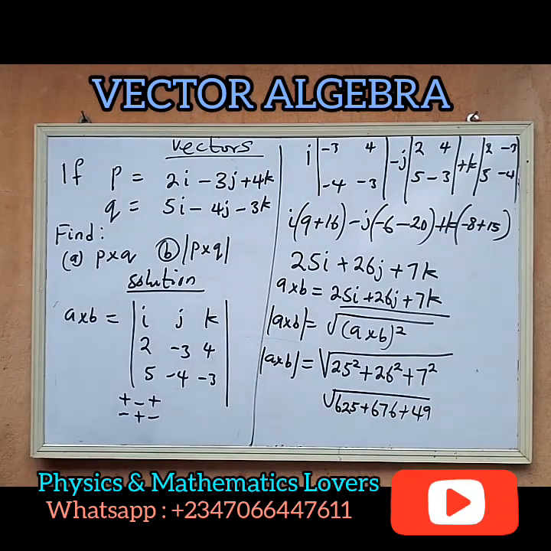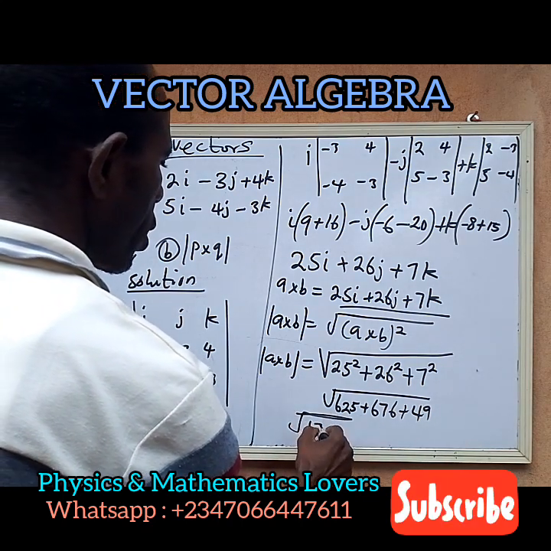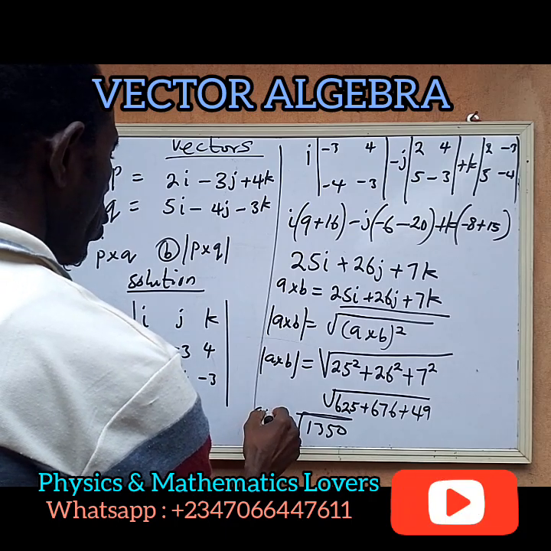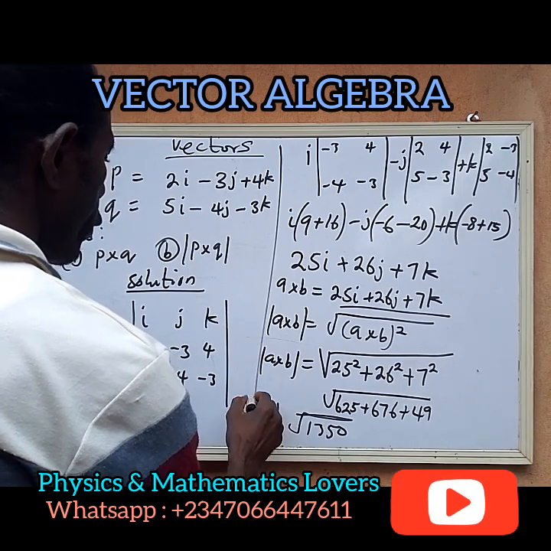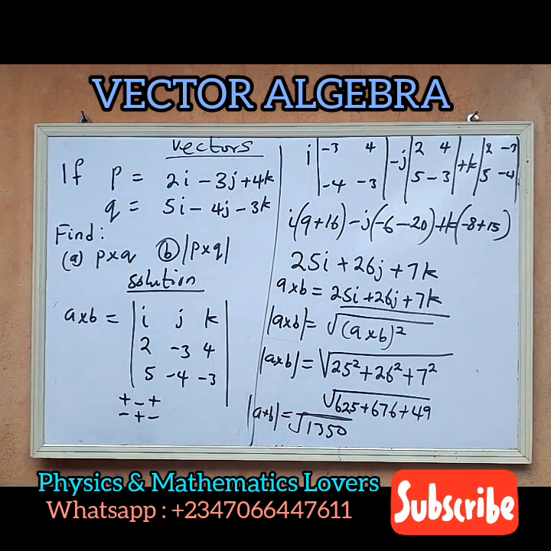So at the end of the day, the final answer is the square root of 1350. That is the magnitude of the vector product. So this is the final answer.